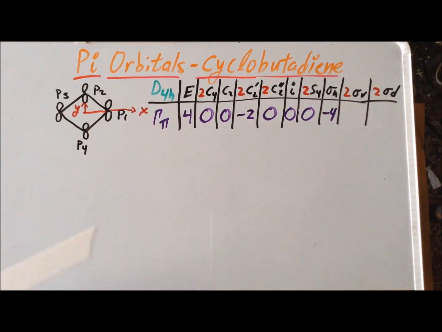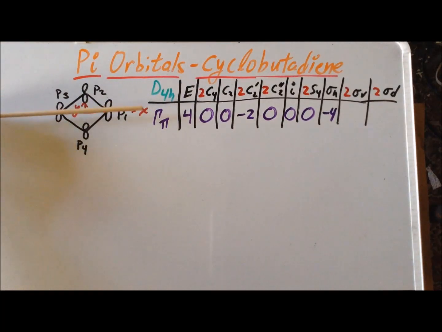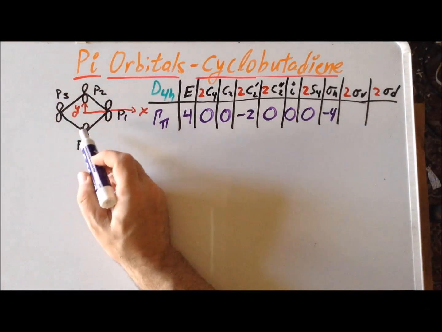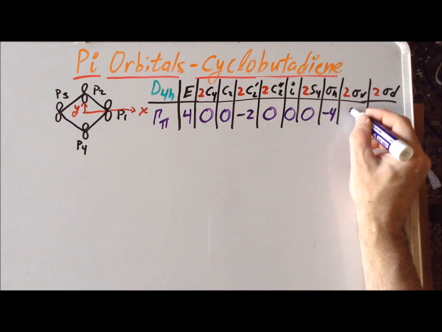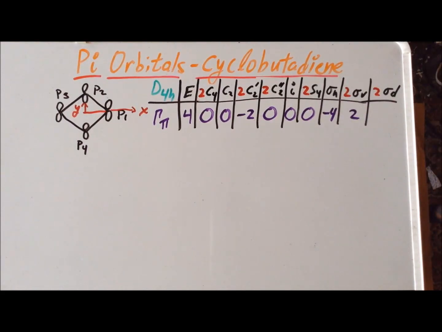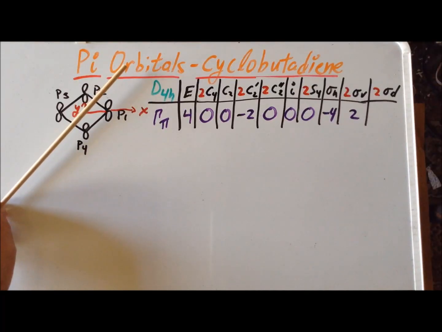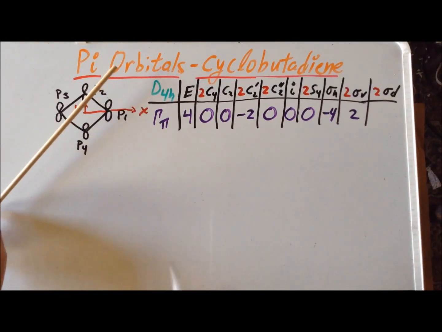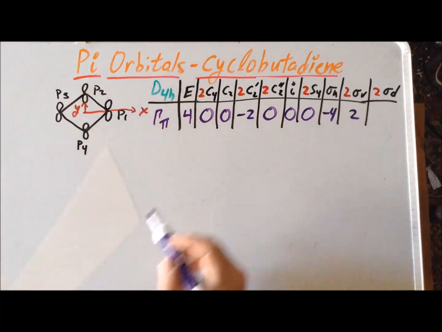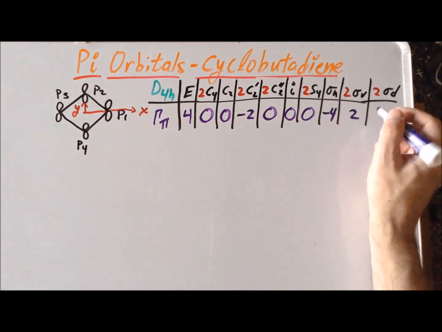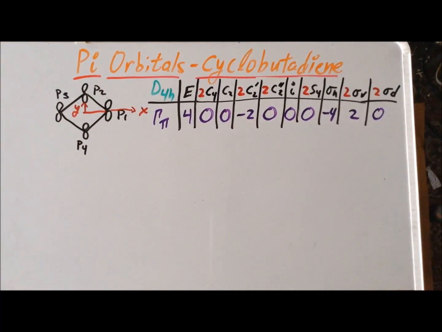Sigma v is the mirror plane going through p1 and p3 vertically, so that does not change the phase, and the character there is going to be a +2. Our last mirror plane is the dihedral mirror, which is the mirror between the atoms, and this takes p1 into p2, for example, so none of the orbitals are going to stay put under sigma d.